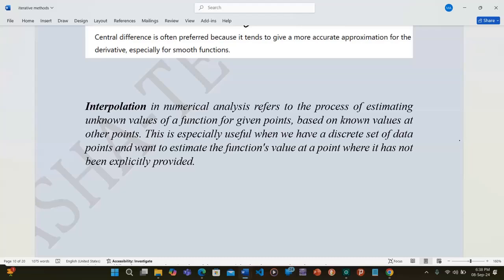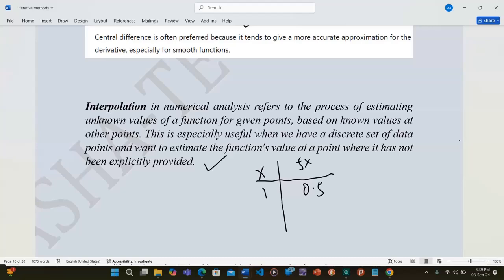So we are saying this is especially useful when we have a discrete set of data points and want to estimate the function's value at a point where it has not been explicitly provided. Like I'm saying, they can tell you that this is maybe x and this is f of x. They say at x is equal to 1, the value of the function is 0.5.